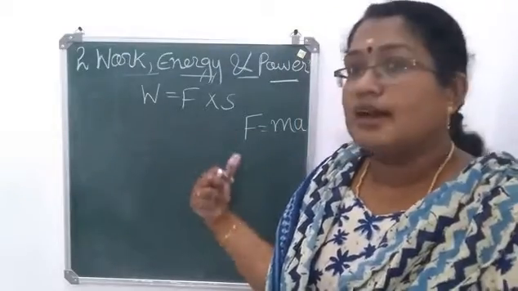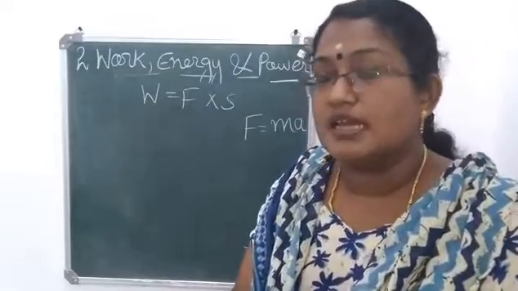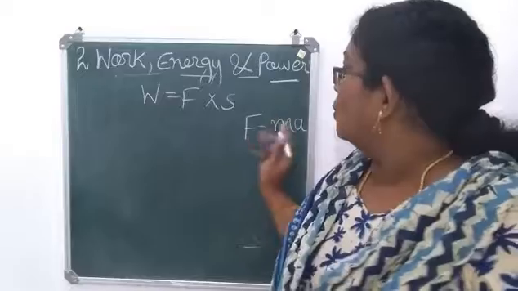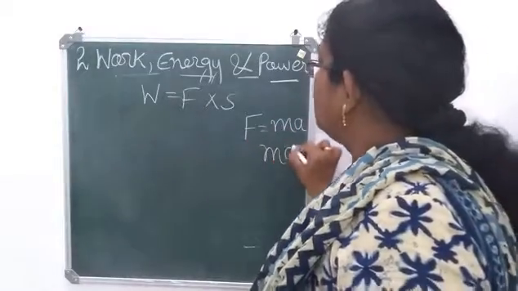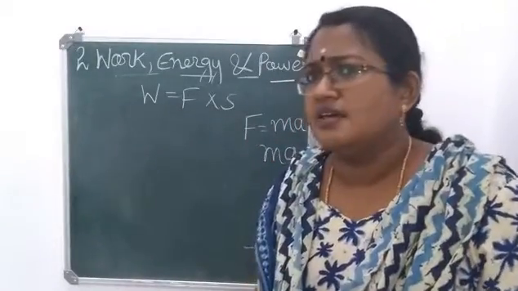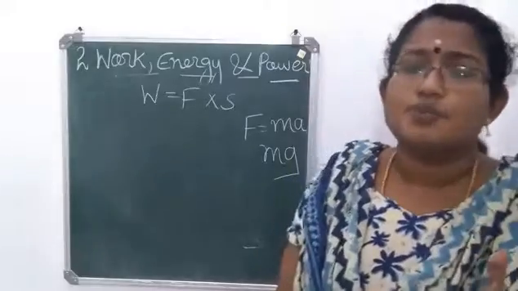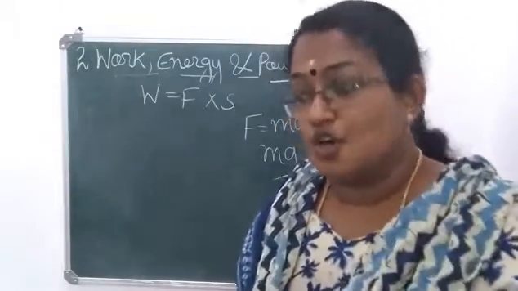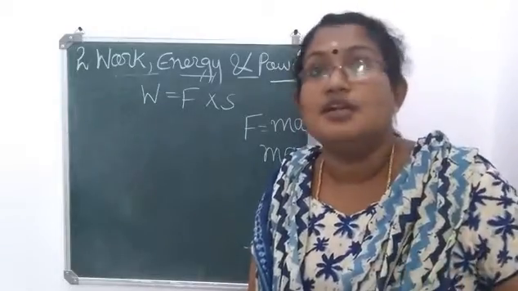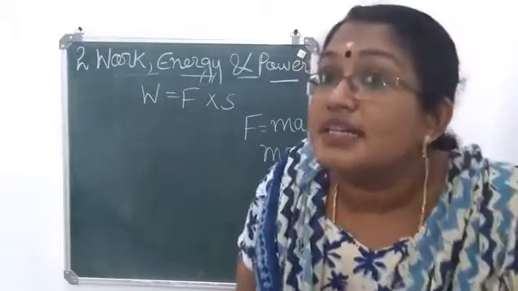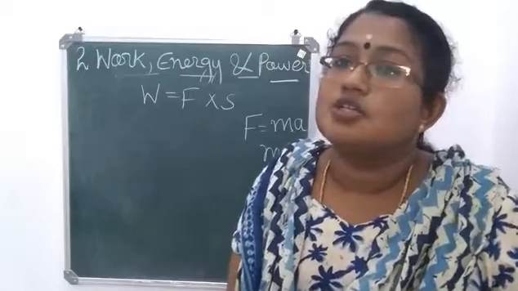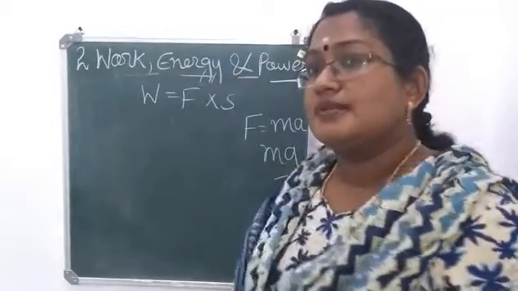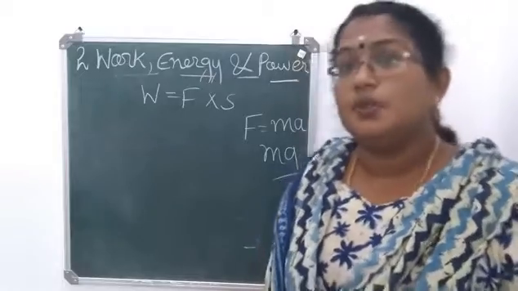Here, A comes if the body moves in a horizontal path. Instead of that, if it is vertical motion, instead of A, we will be writing g. Why? g is the acceleration produced due to gravity. If a body is moving horizontally, it is just the acceleration. But if the body is moving vertically, that acceleration is produced by the gravitational pull. So, we will call it acceleration due to gravity.